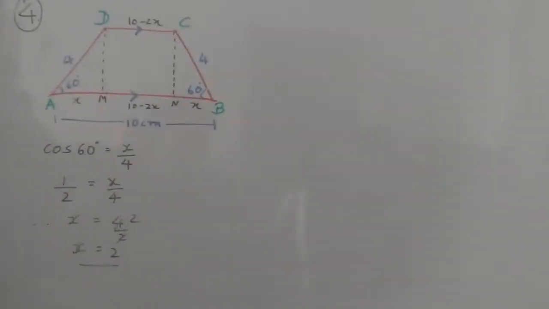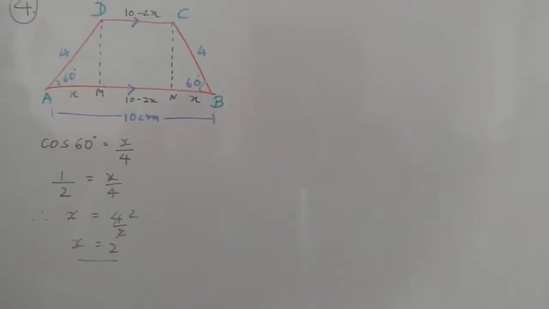Exercise 12C, question number 4. ABCD is a trapezium. So here ABCD is a trapezium, AB parallel to CD. If AB is equal to 10 centimeters, you can see in the figure I have drawn AB 10 centimeters, and it is also given that AD and BC are equal to 4 centimeters.